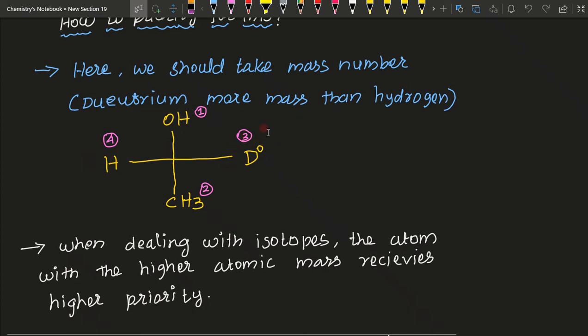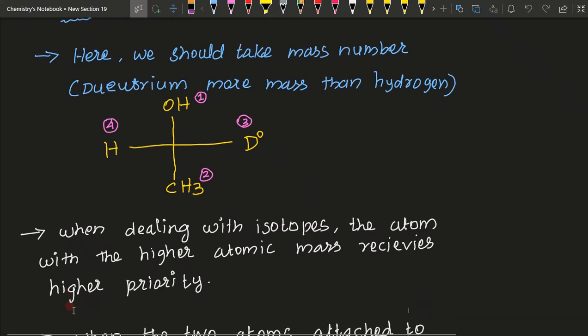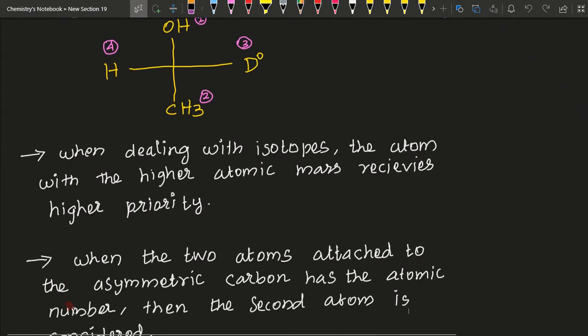This is the deuterium, isotope of hydrogen. This is going to third priority. First one is alcohol, second one is methyl group, third one is deuterium, fourth and last is H atom. So when dealing with isotopes, the atom with the higher atomic mass receives higher priority.